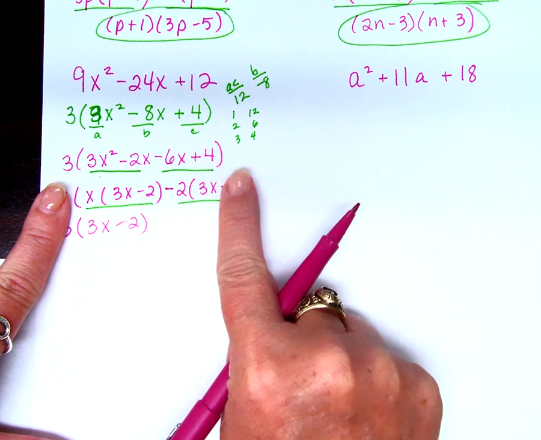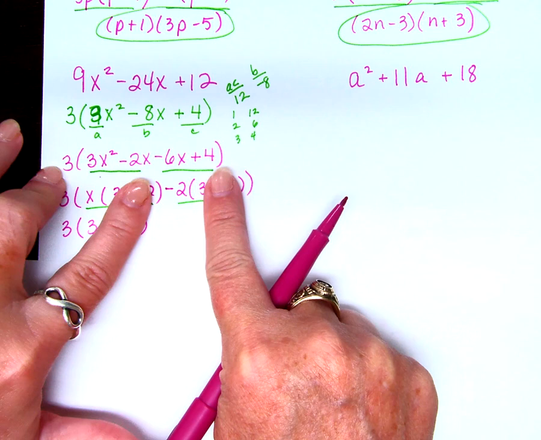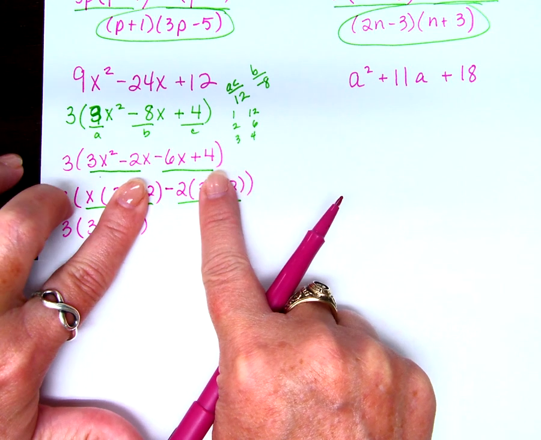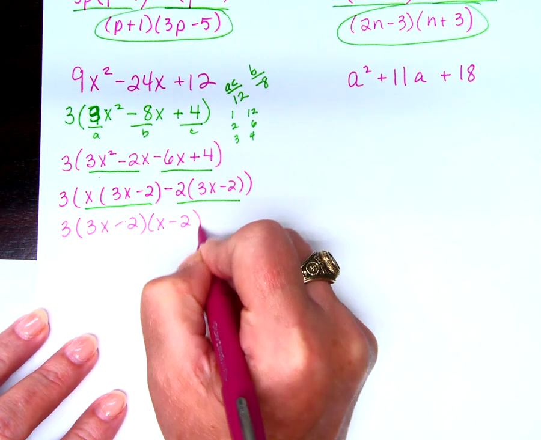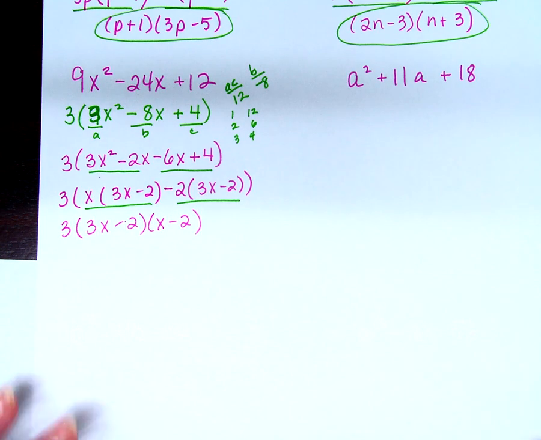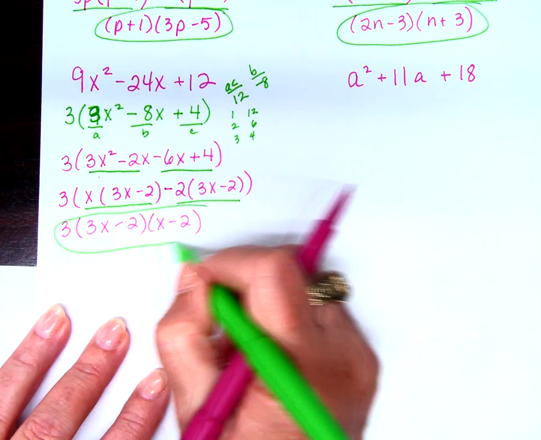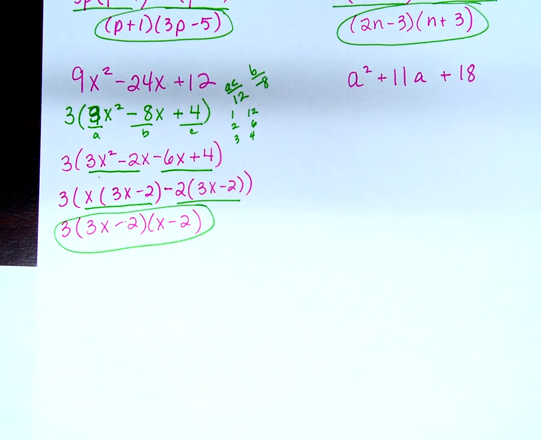And what's left if I factor out a 3x minus 2? X minus 2, right? Any questions about that?